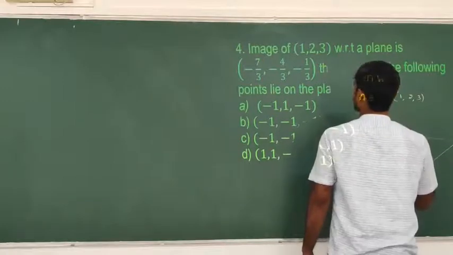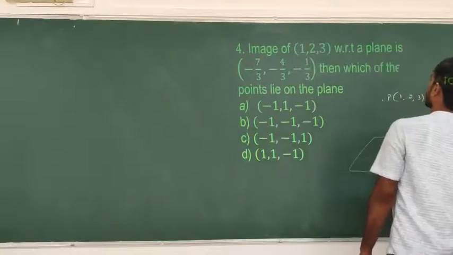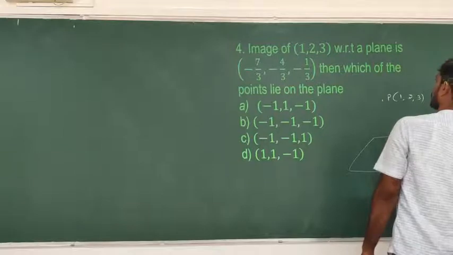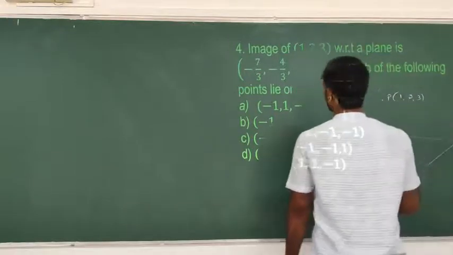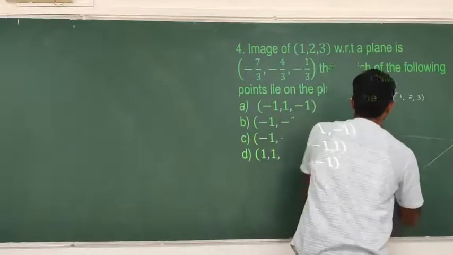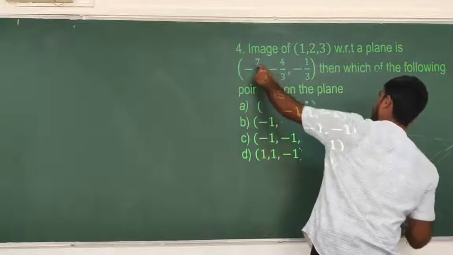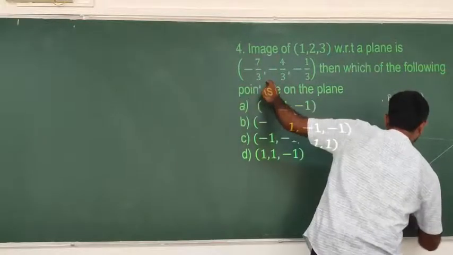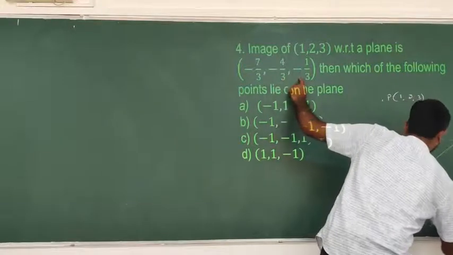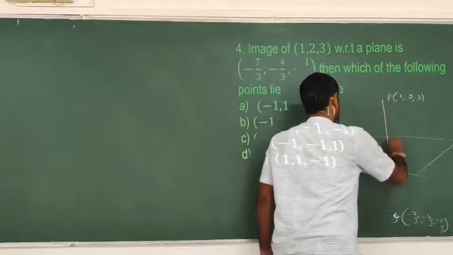The image of the point P with respect to the plane is Q, with coordinates (-7/3, -4/3, -1/3).